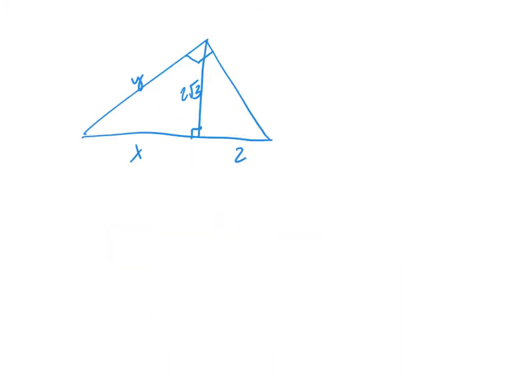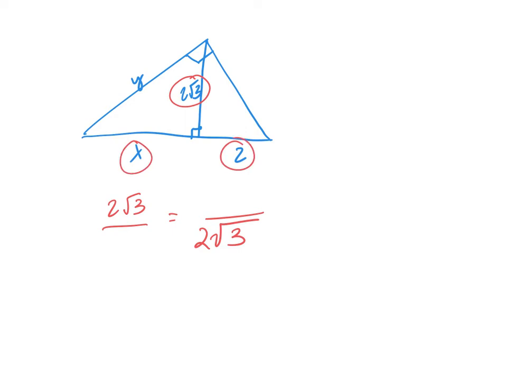Write all that down. The rule does not change, but where the variables are does change. So you follow the rule, not the variables, okay? The altitude, which is this guy right here, is the geometric mean between the two segments that it creates, which would be x and 2.